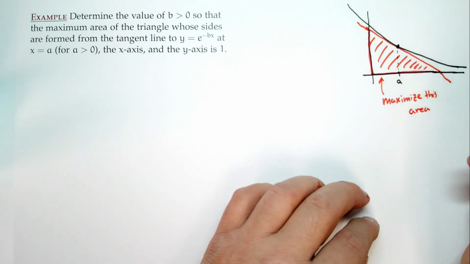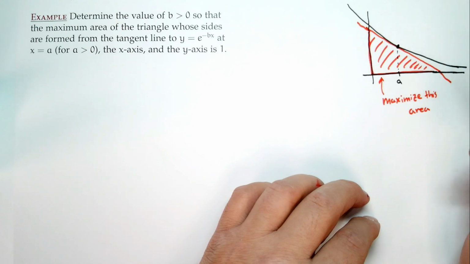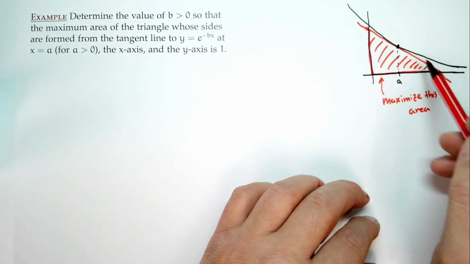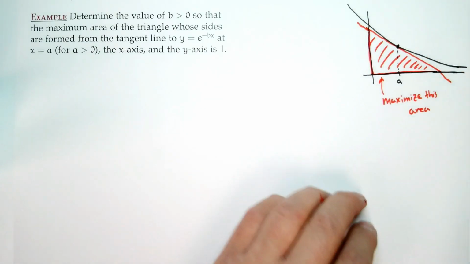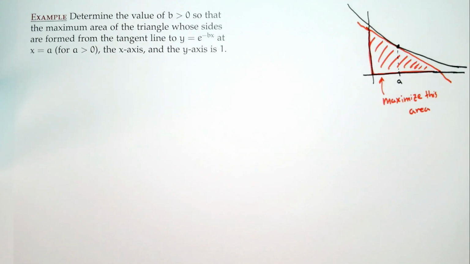For one thing, we should ask, does it make sense to talk about whether it can be maximized? As I change a, I do change the shape of the triangle. So when I change something, it makes sense to ask, when is it as large as possible?